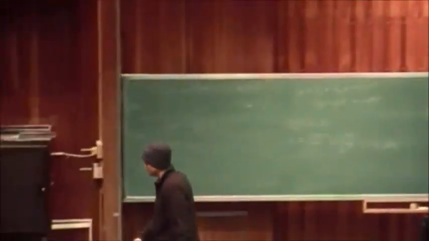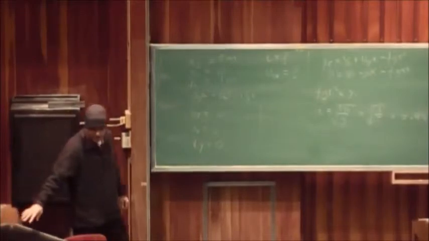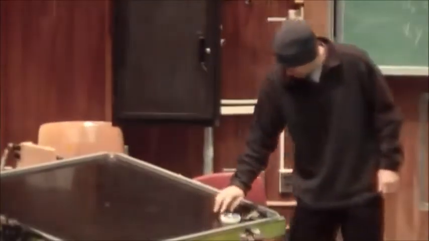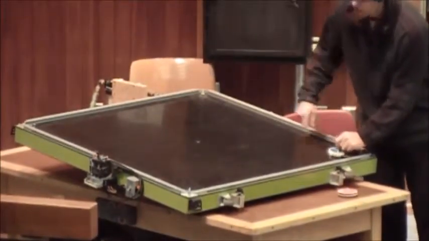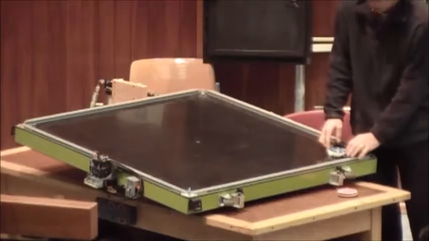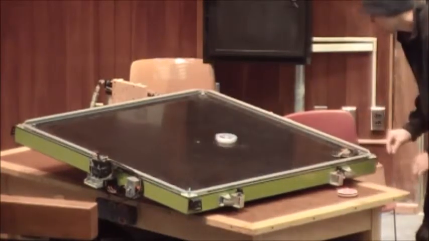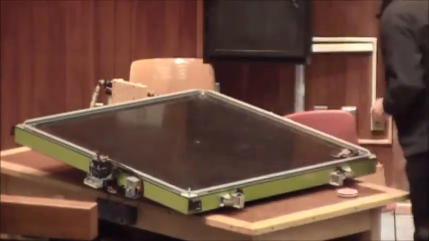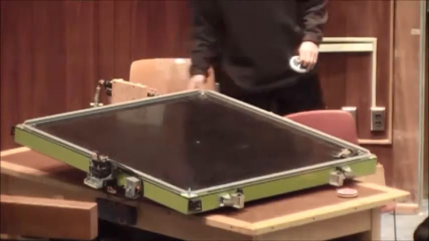Okay, so now I want to do a quick demonstration of parabolic trajectory. So here we have an air table, and on this air table we're just going to move a puck, and what we're going to do is release this puck and show that it has a parabolic trajectory. Okay, so this air puck, there's actually still quite a bit of friction here, as can be seen.